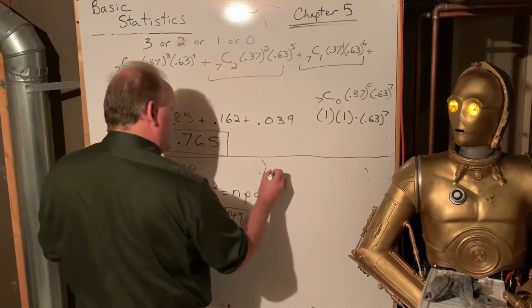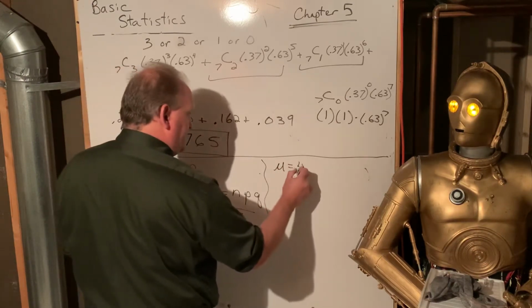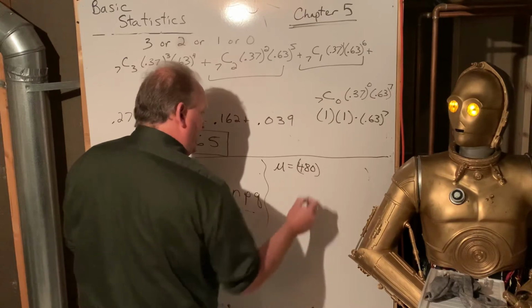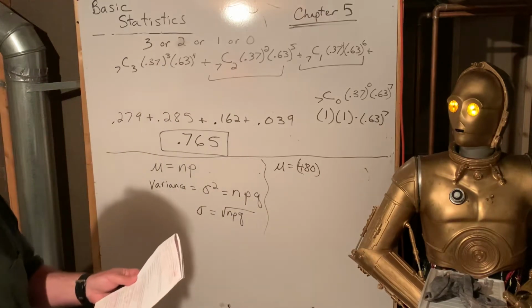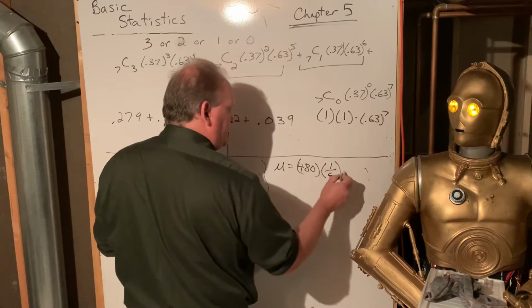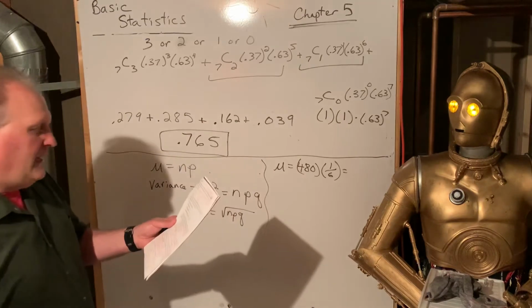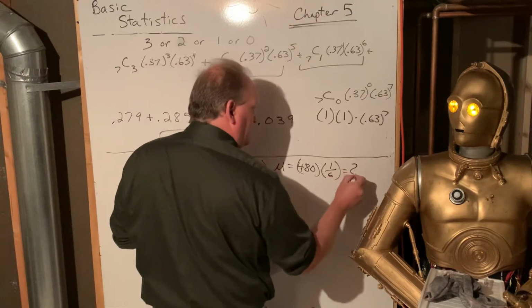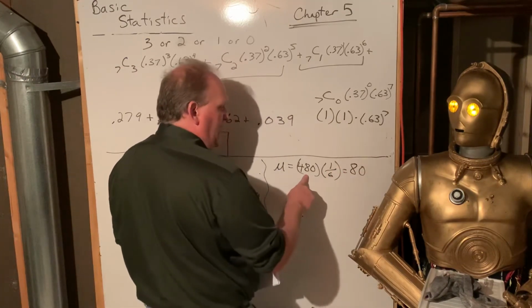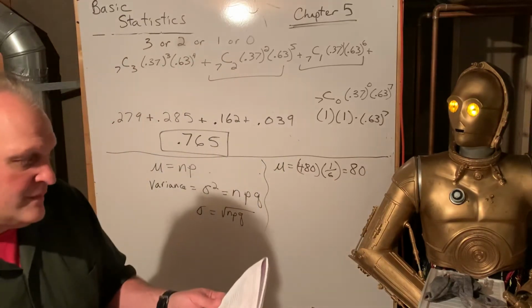The mean would just be 480, and we're worried about winners. That would just be 1/6 of the time. A 2 will come up when you roll a die, and so that would just be 80. So 480 people play, and you had to pay out 80 times, 80 winners.